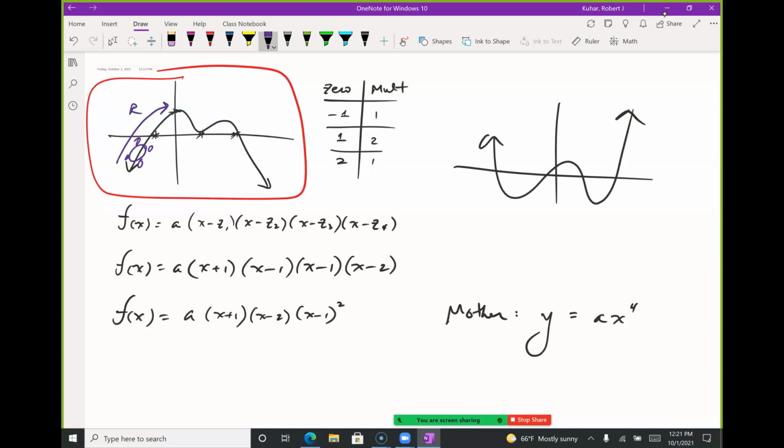I got a right turn, a left turn, a right turn. So I'm really convinced it's an x to the fourth, because I've got multiplicities of zeros that add up to 4, and I have 3 turns, which is n minus 1 turns.